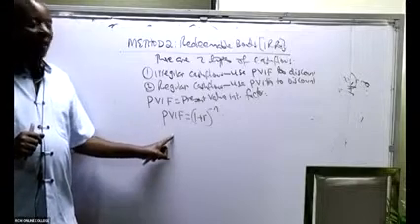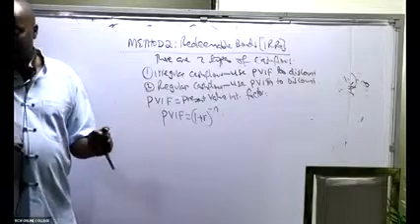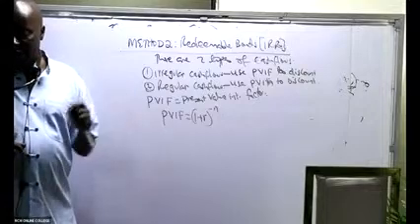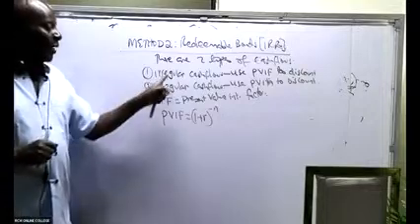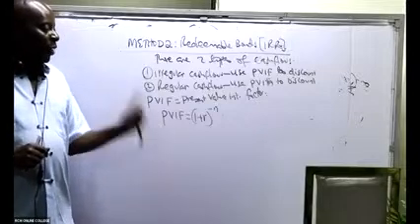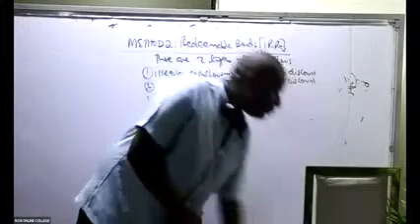Present value interest factor will be 1 plus R raised to negative N. So whenever you get irregular cash flows, we shall be taking 1 plus R raised to negative N.